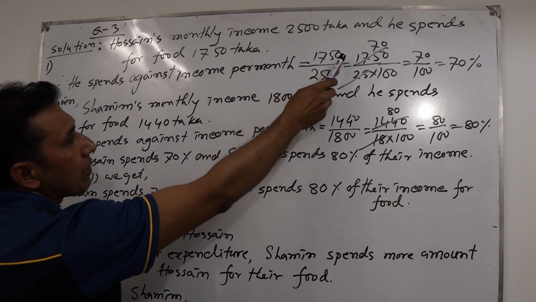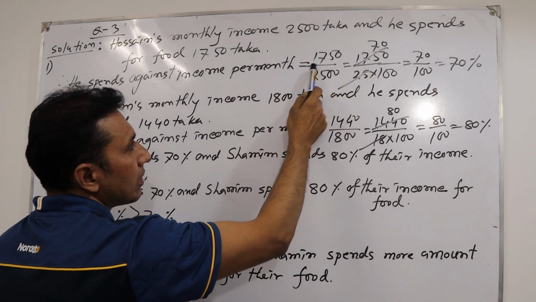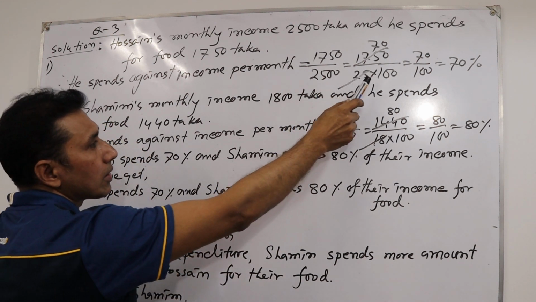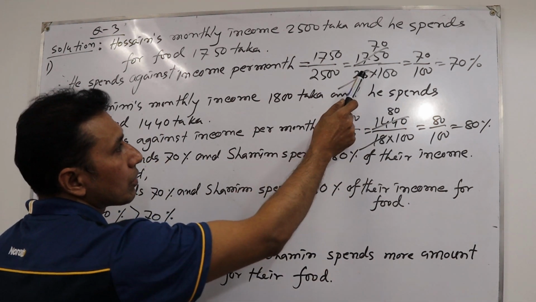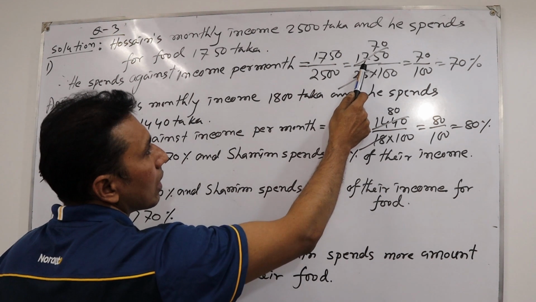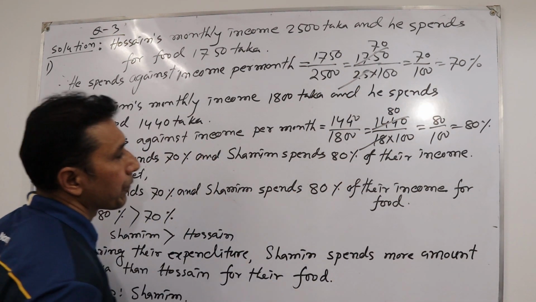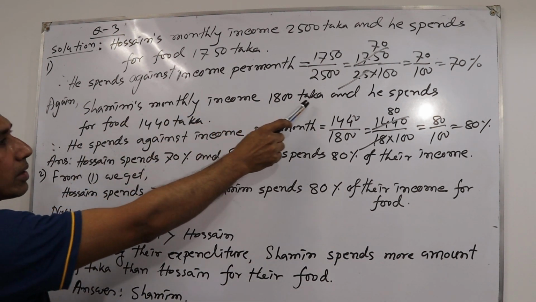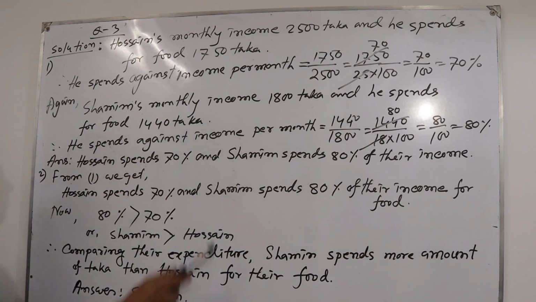First of all, 1750 divided by 2500. 2500 is 25 into 100, so 1750 over 2500 equals 70 by 100, that is 70%. Then again, Shamim's monthly income is 1800 taka and he has spent 1440 taka on food.